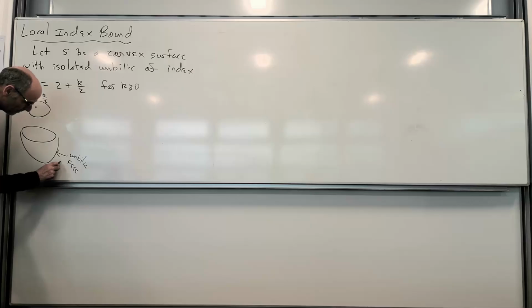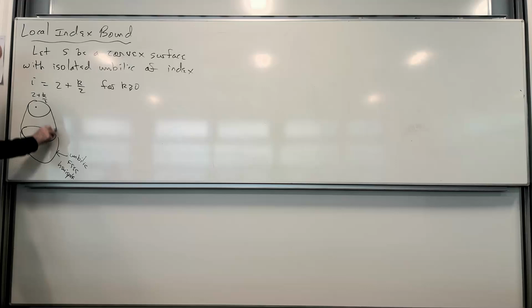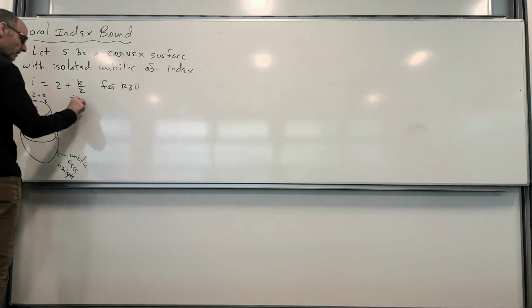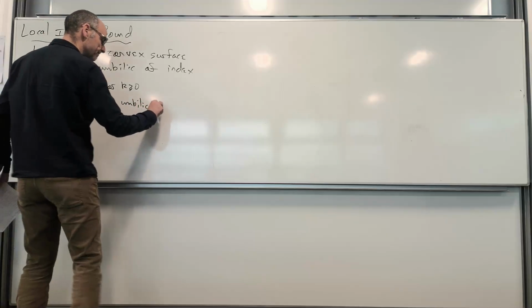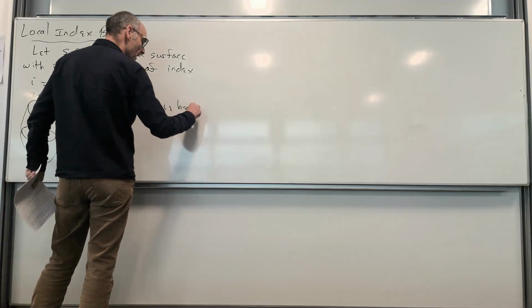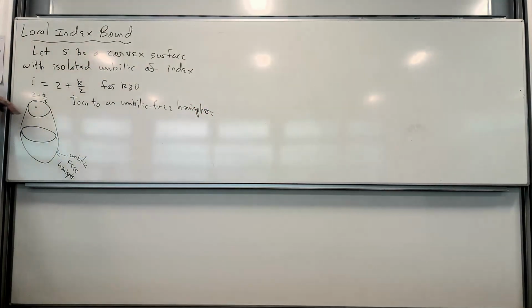Again, its Gauss map covers the hemisphere. And then we're going to join it up, join to an umbilic-free hemisphere. And then when we look at this, we're going to make it into a convex body. It's going to have umbilic points, and the umbilic points are going to have to add up to minus k over 2. Because there are no umbilic points here, and you want the sum to be 2, because of the Euler characteristic.